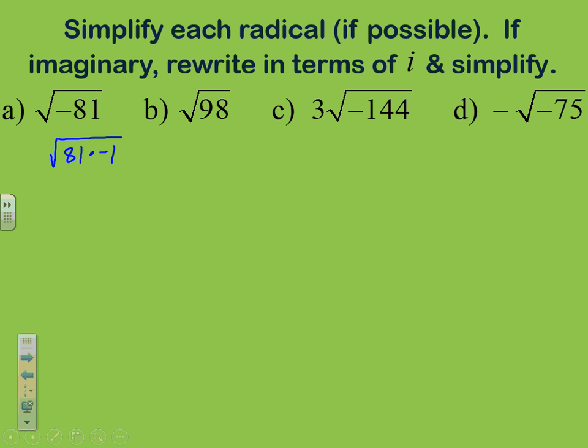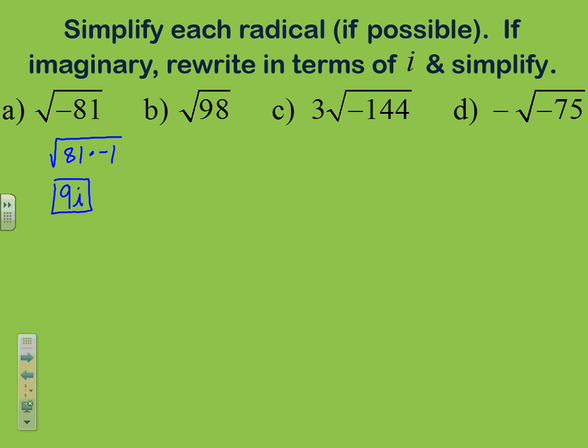Well, the square root of 81 itself is a perfect square number. That is going to give me a 9, positive or negative, but we'll just stick with the primary answer as being a positive number. And the square root of -1 is just i, so when I simplify that particular number, all we're left with is a 9i.